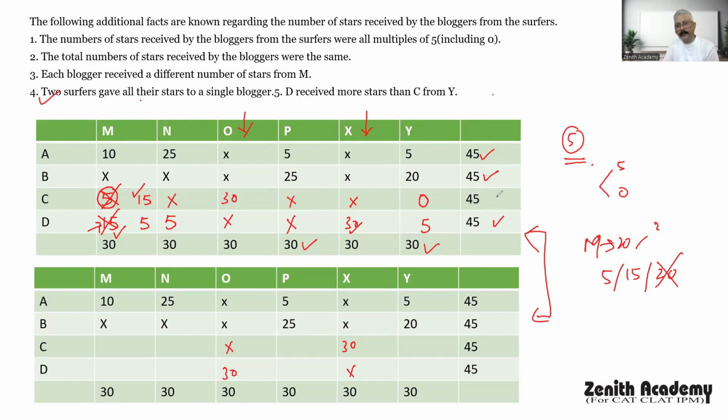Okay, it is right. Similarly, this case will be 15 and 5, 15 plus 30 is 45. Here it was 0 and 5, so cancel this. And here 25, so this is going to be 5. 5 plus 5 is 10, plus 30, 45.